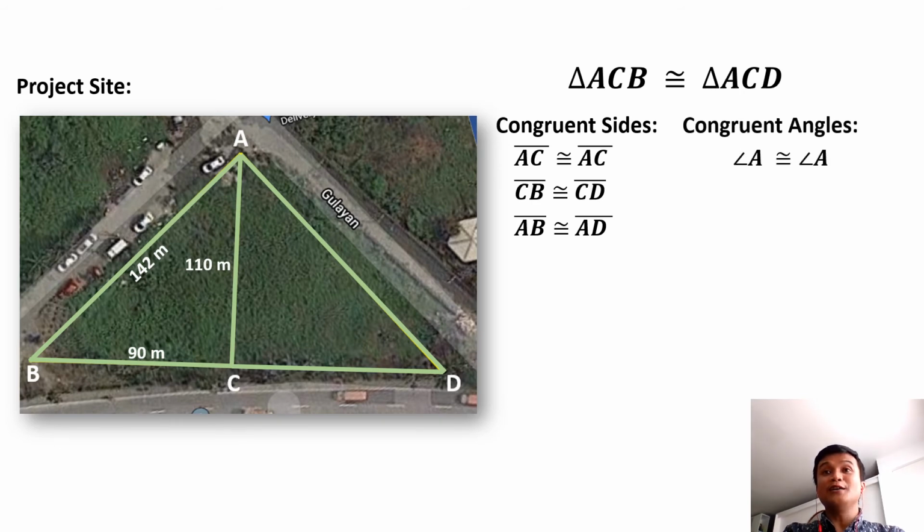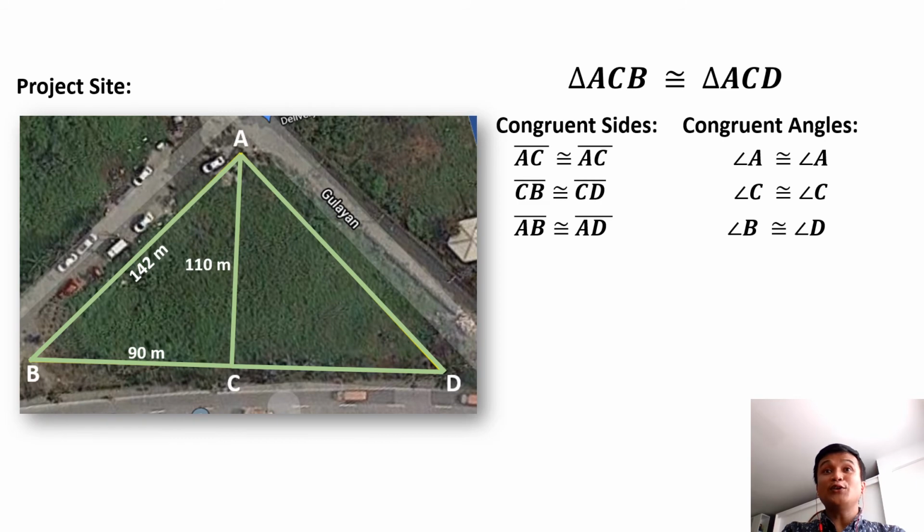For congruent angles, we have angle A congruent to angle A, or angle BAC is congruent to angle DAC. Angle C is congruent to angle C, or angle ACB is congruent to angle ACD, and angle B congruent to angle D.